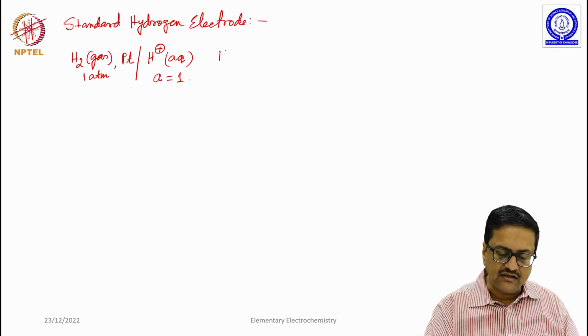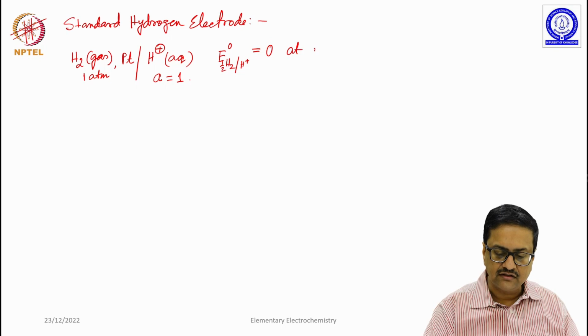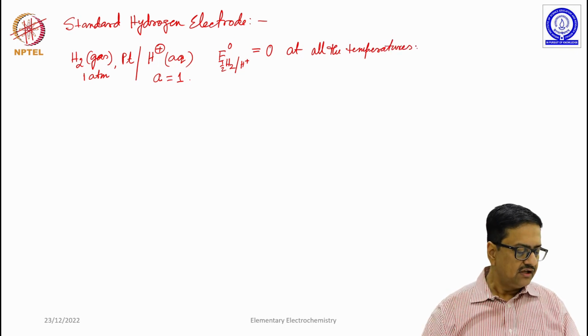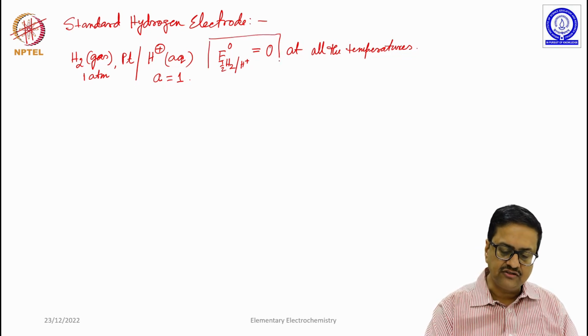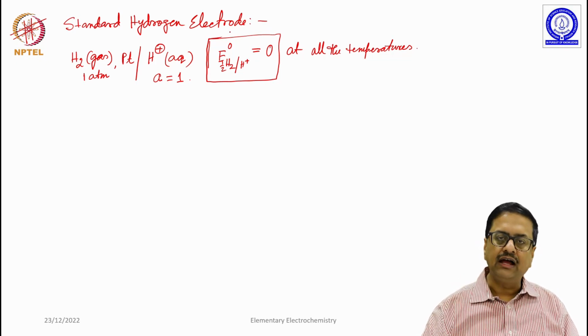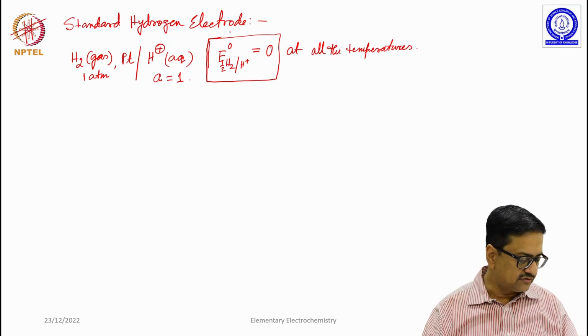The EMF of that cell, or E0 of that half H2, H+ electrode, is taken as 0 at all temperatures. That is the potential of the standard hydrogen electrode, which is considered to be 0. Using this standard hydrogen electrode, we calibrate, or determine, the potential of any other electrodes.